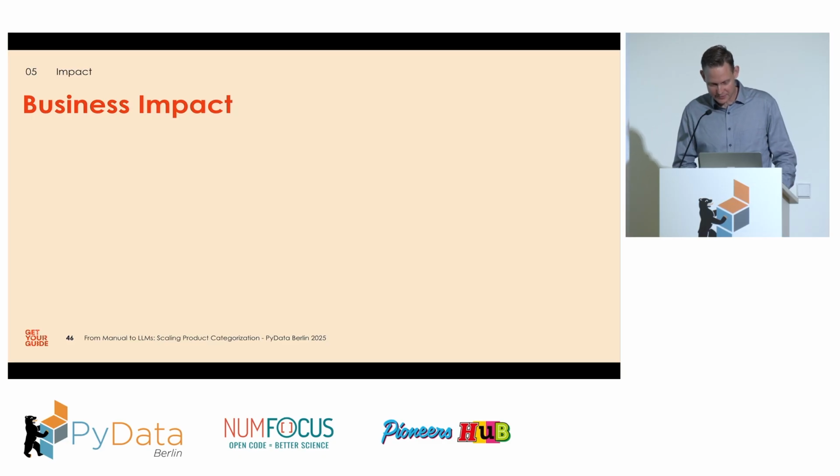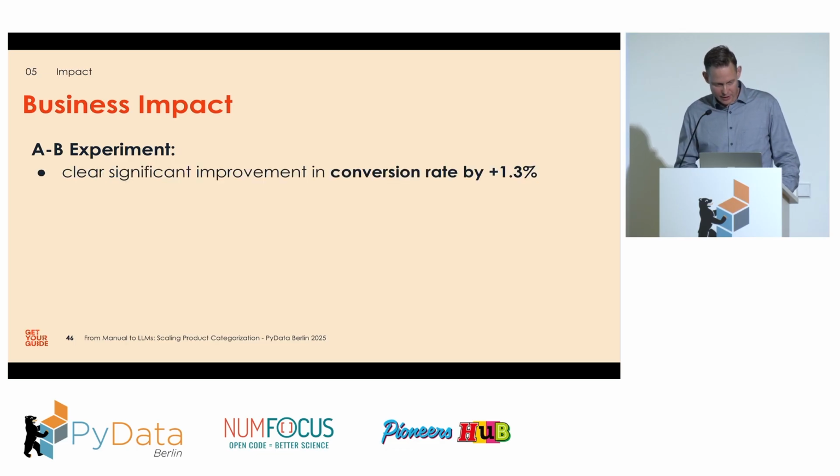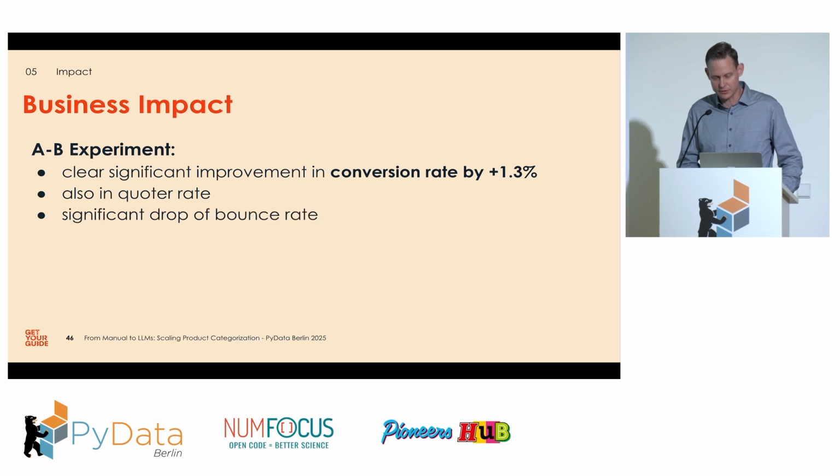Speaking about business impact, we also introduced this LLM-based system as an A/B test. Like all our A/B experiments, it uses the framework that Konrad talked about yesterday. I hope some of you saw the nice talk. Our A/B experiment resulted in a clear, significant improvement of the conversion rate by plus 1.3%, also in the same ballpark the quota rate, and a significant drop of the bounce rate.